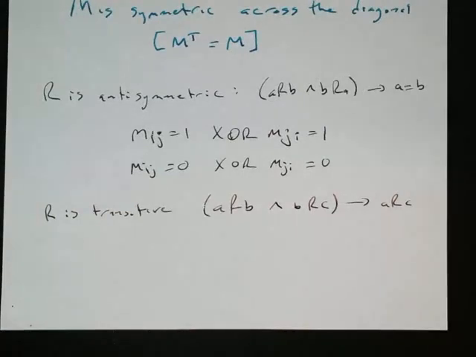Ew, ew, ew, ew, ew. I don't like that. It is possible to do this from the matrix, but the way in which we do this from a matrix requires me to discuss something else.